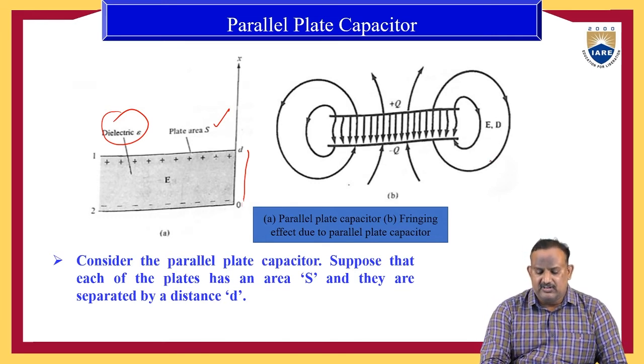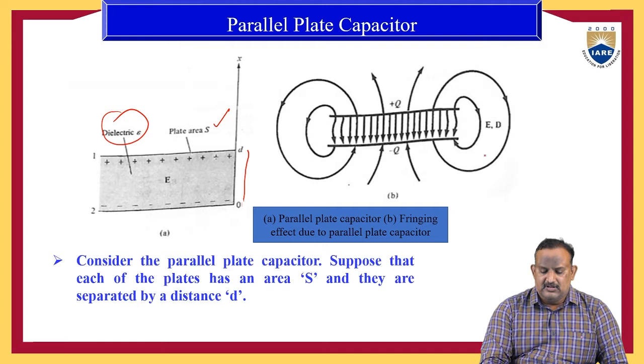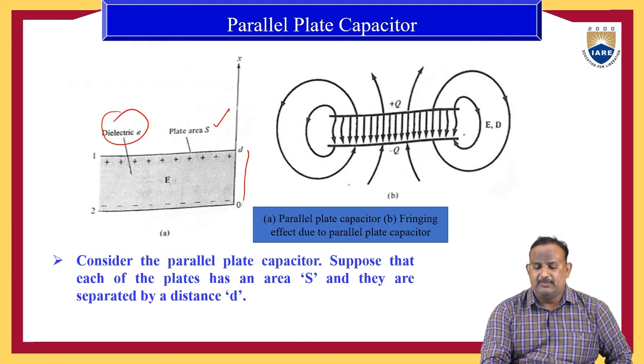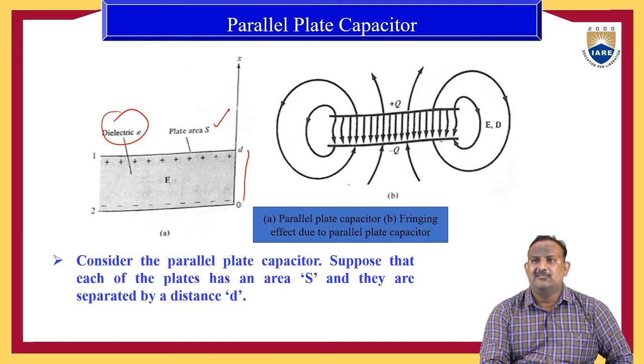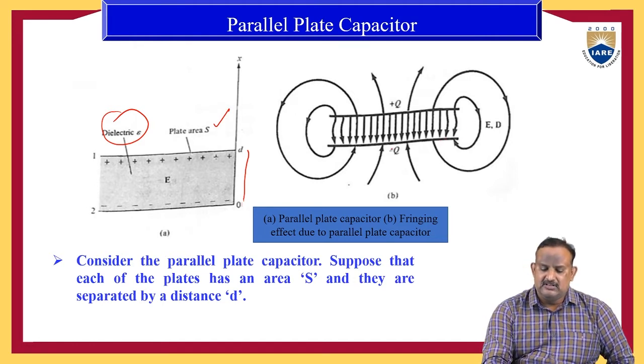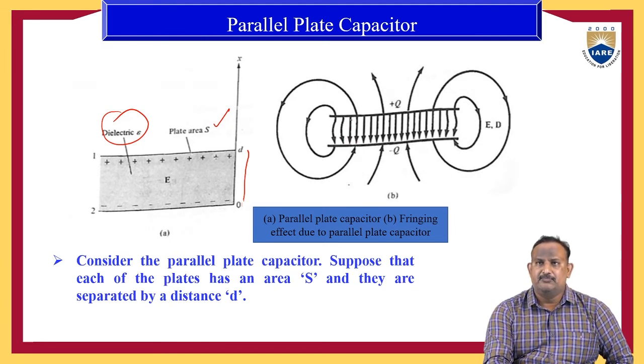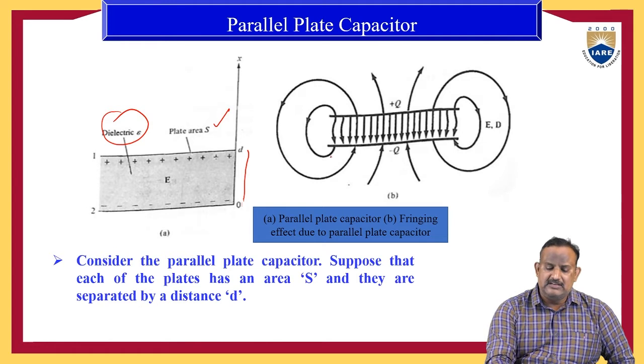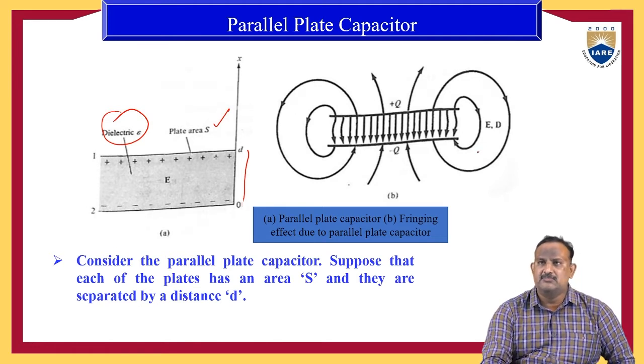From the figure, if you observe figure B, there is the fringing effect in a parallel plate capacitor. When we apply some voltage to the parallel plate capacitor, we can observe the flow of flux between the two plates. At the edges, the flux flows from one plate to the other plate.